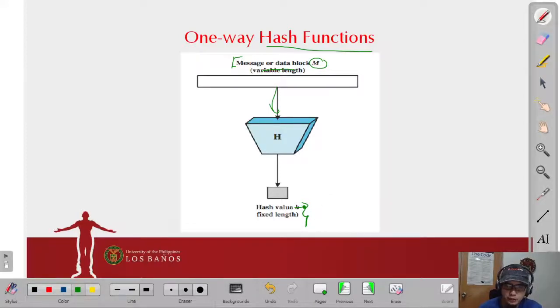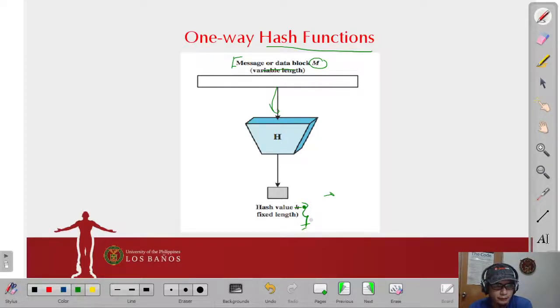Normally you do this when you download ISO files or other data and you would like to check whether the data is valid. So you usually have a hash for that. For example, malware samples.